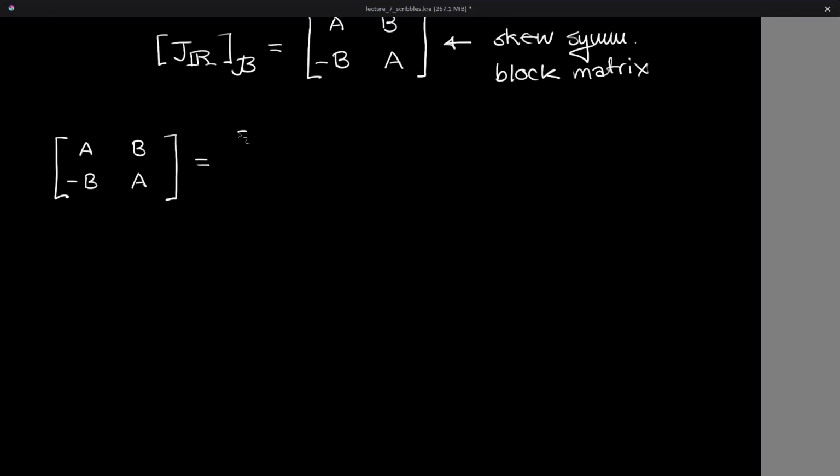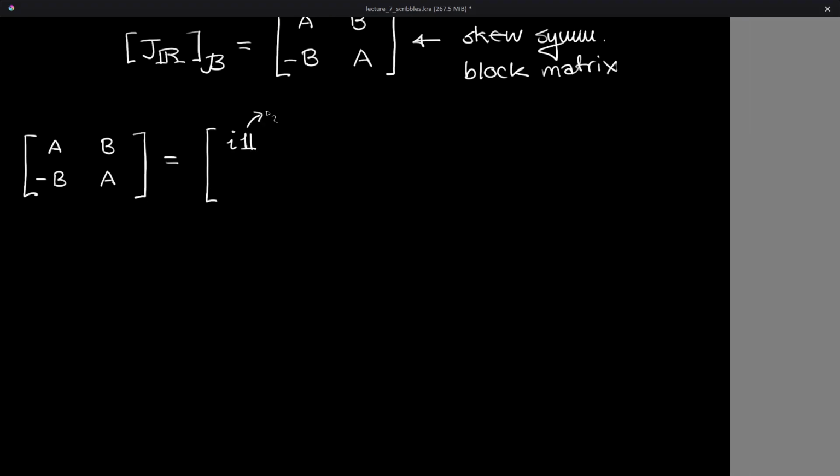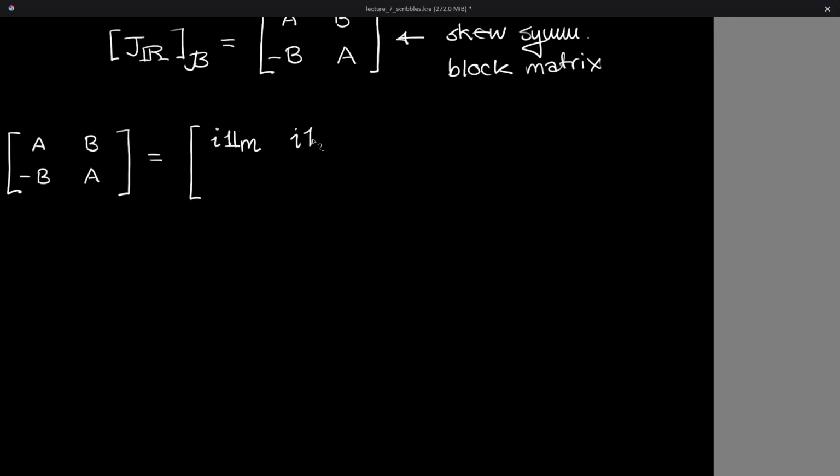Obviously, I already know the answer, so I'm just going to write it out. Let's say that these are all block matrices, remember. So this is the identity matrix. Keep in mind, this is the m by m identity matrix. So let me maybe put a little m here. So I_m, and then there's a minus sign here, I_m, and then I_m.